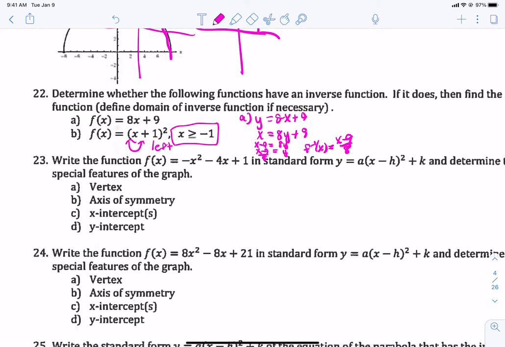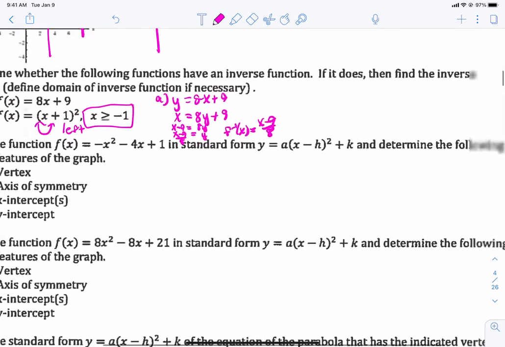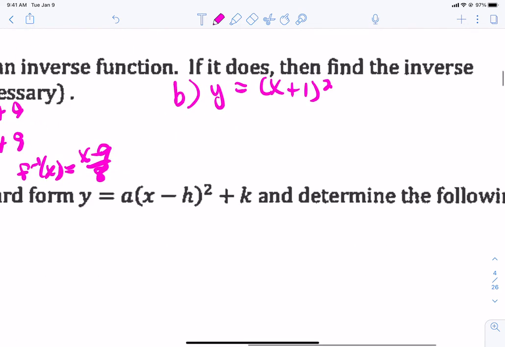Okay, now let's do the same thing with 22b. I'm going to write it in y notation so then I can make it a little bigger. Sorry, I'm writing so little here. I'm going to flip-flop the x's and y's. Now, to get rid of a squared, I square root it. Now, you know how we have that plus or minus?